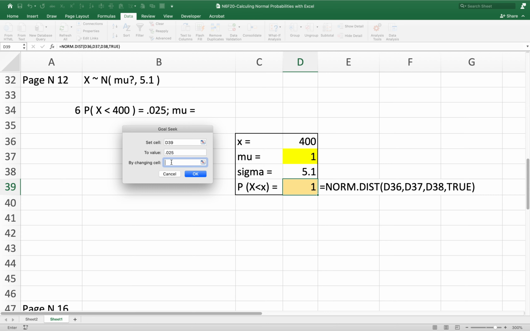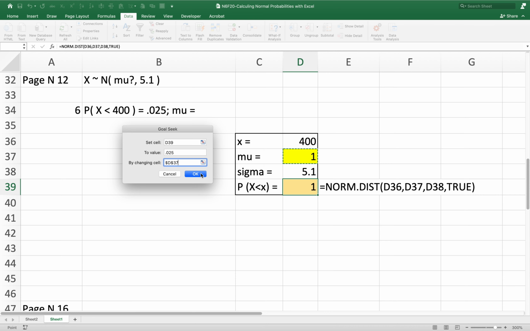Here's the important part here. By changing cell, and this is where we click to select cell D37, because that's where we have our mean. What it's going to do is try out, using an iterative process, different values of mu until it ends up with an answer for the NORM.DIST function of 0.025. Let's try it.